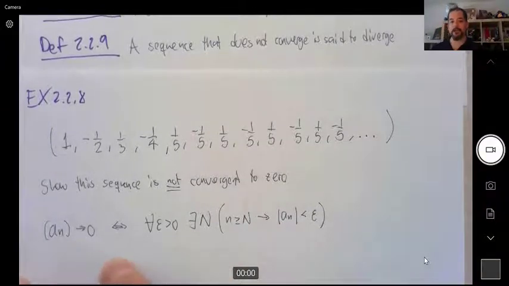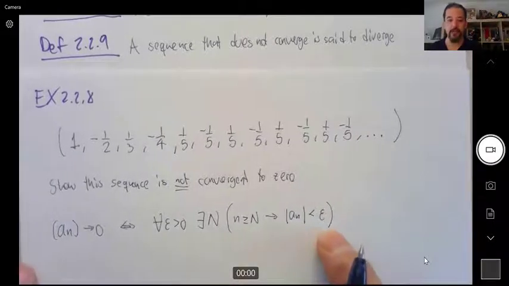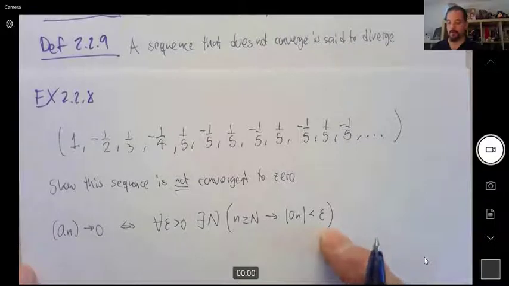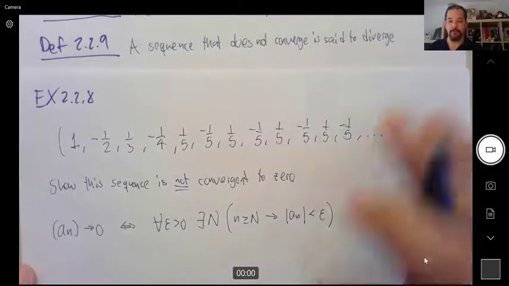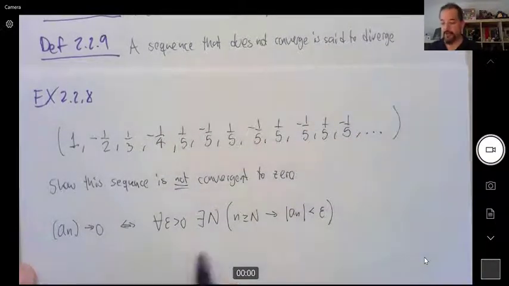So how do we negate something like this? How do we logically say that this doesn't happen? Hopefully you remember from 320 that when we have quantifiers, the existential quantifier becomes a universal quantifier, and the universal becomes existential, and then you negate the inner statement.